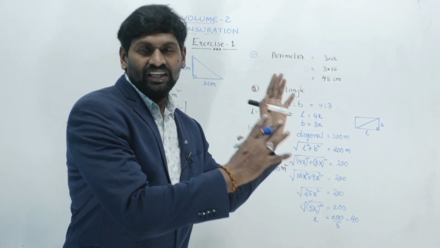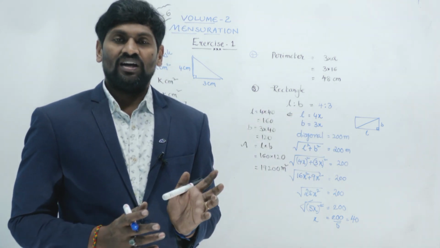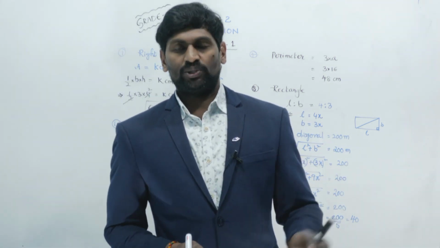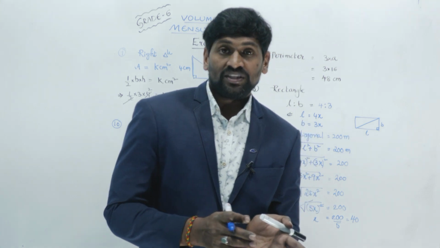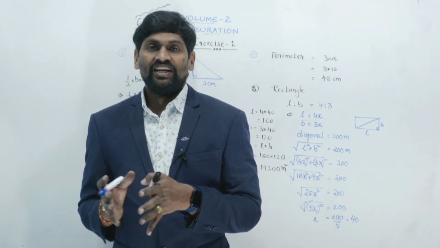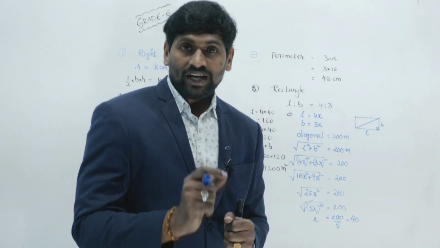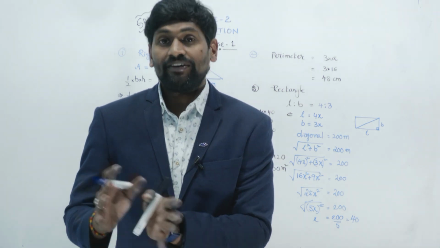Until then, directly side is given, perimeter we need to find, or direct values are given, area we need to find, but here onwards the difficulty of problems is increasing.